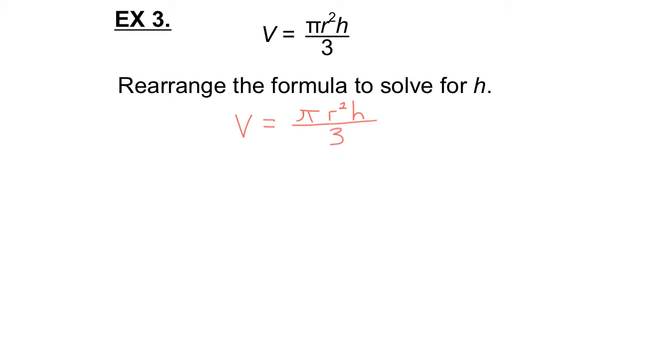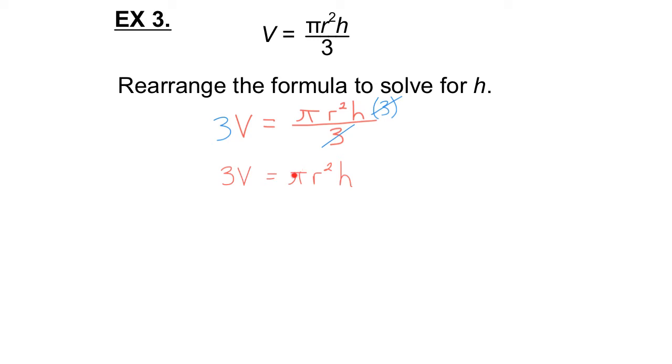Right now it's divide by 3. So the opposite would be multiply by 3. So I'll multiply both sides by 3. Times 3 divided by 3 on the right, those cancel each other out, so I'm left with 3v equals pi r squared h. Now h is being multiplied by pi and by r squared.